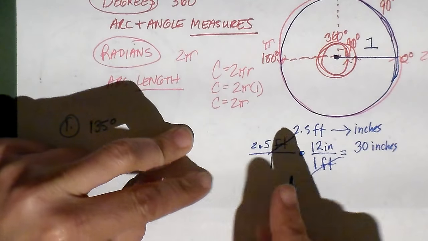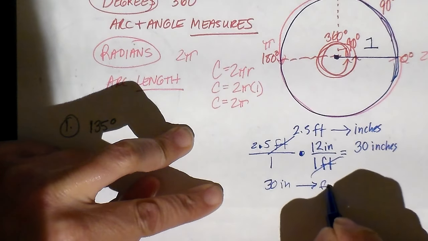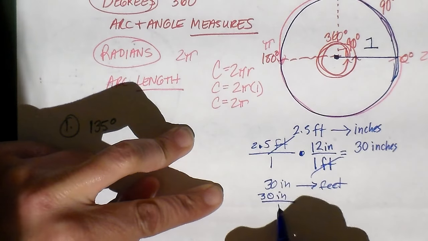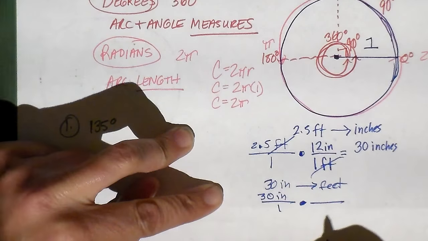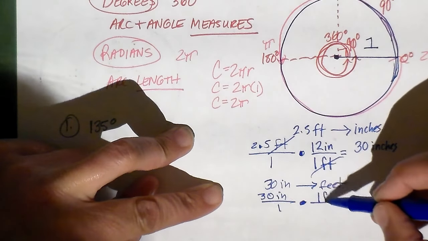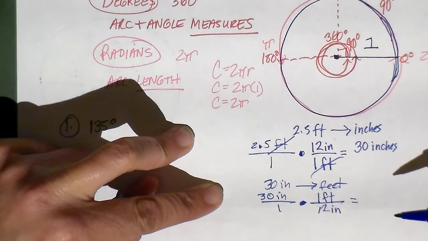Let's say I have 30 inches and I want to convert that to feet. Remember, what you're converting from is on the bottom of the conversion factor, so 1 foot to every 12 inches, right? That makes sense?